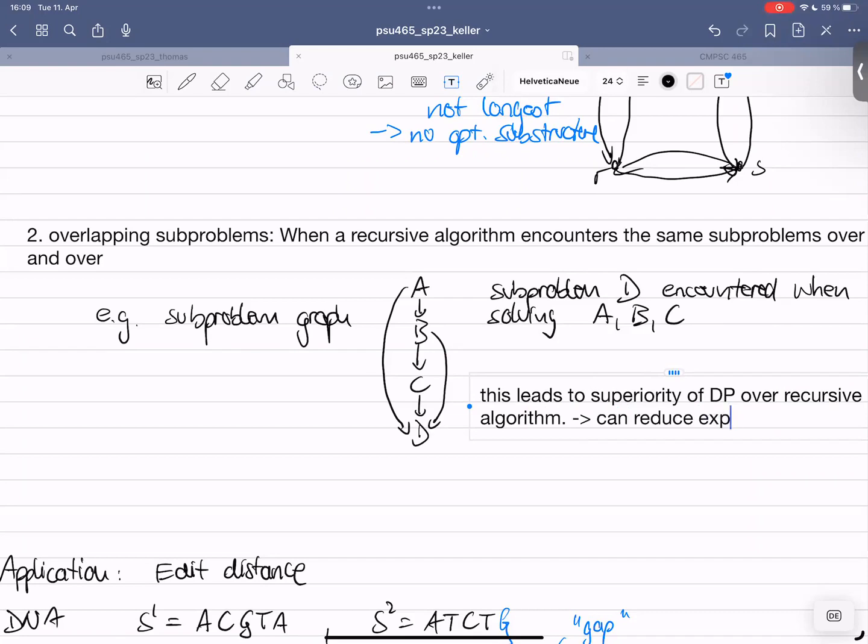This generally means that we can reduce something that might have exponential recursive time to a polynomial time dynamic program, which is the case for the longest increasing subsequence.